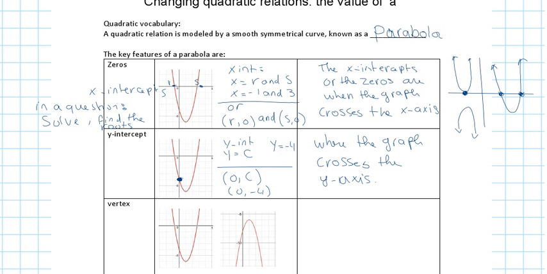And there's always a y-intercept somewhere, right? Sometimes it's not visible, sometimes we don't see it when we graph, but there's always a y-intercept.